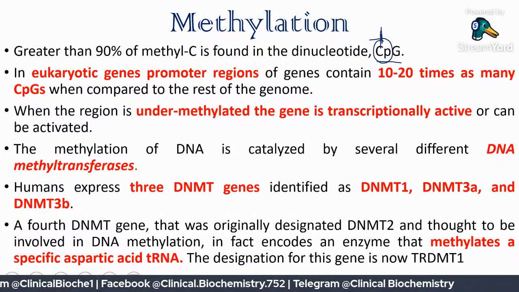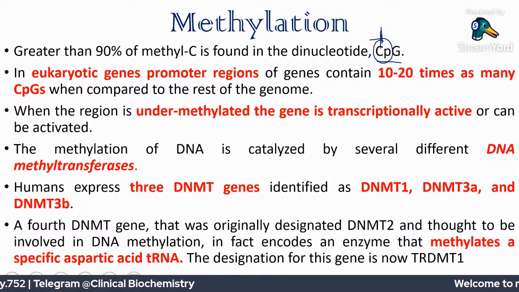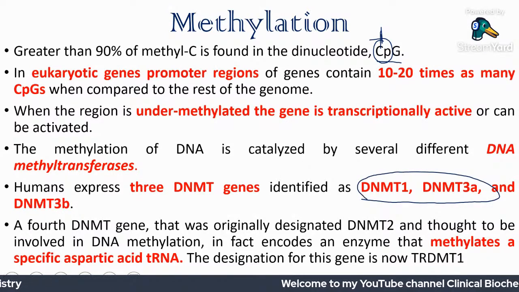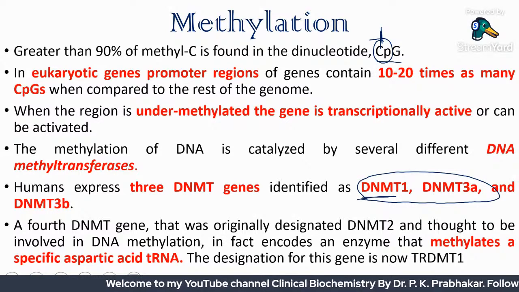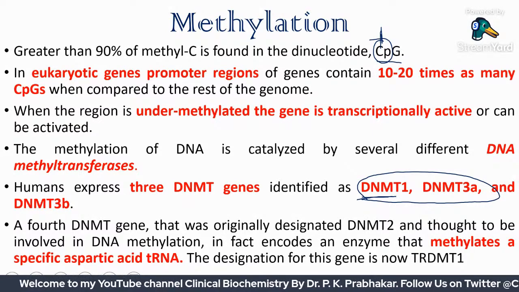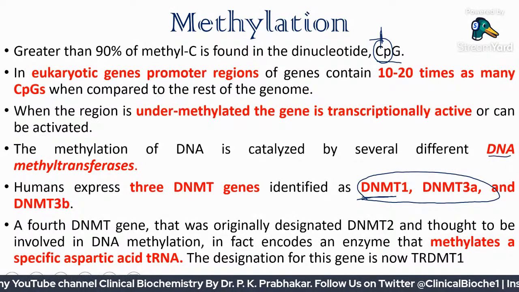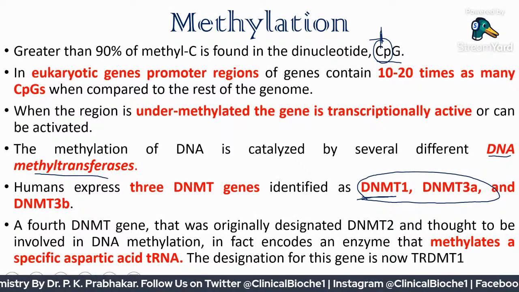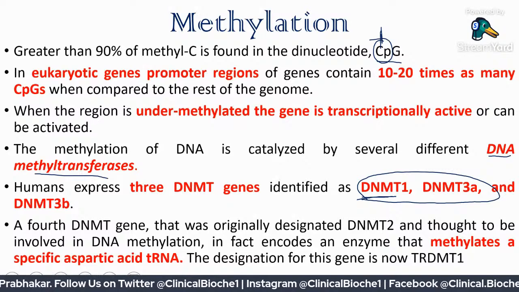In eukaryotic systems, in humans, we have similar types of enzymes, but they are not exactly called methylase or demethylase. These are different names we have. Similar enzymes which do similar activity, but the nomenclature is DNMT, DNA methyltransferase, in the case of eukaryotic or human systems.